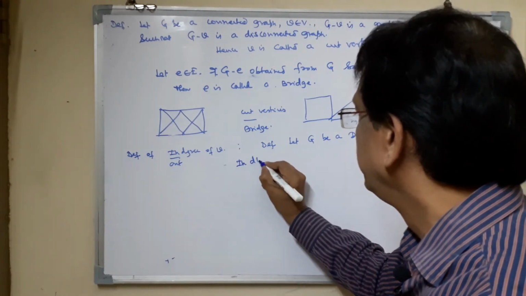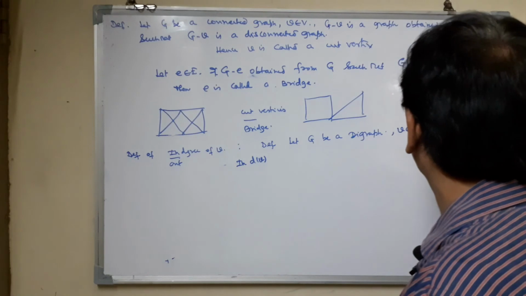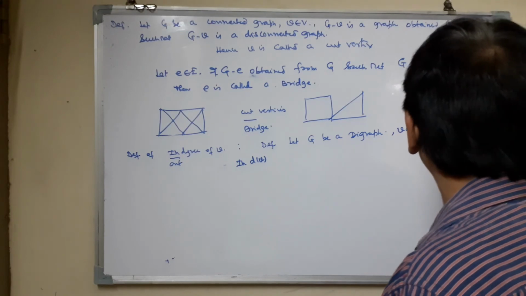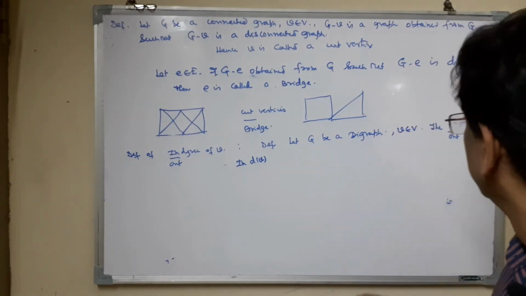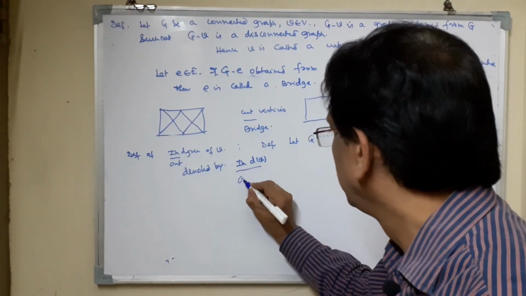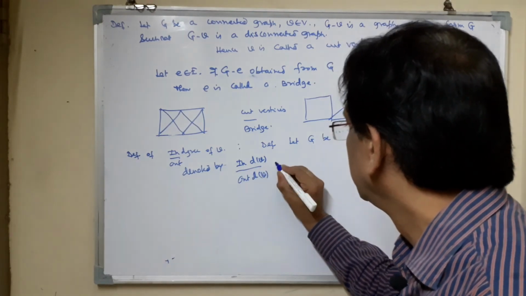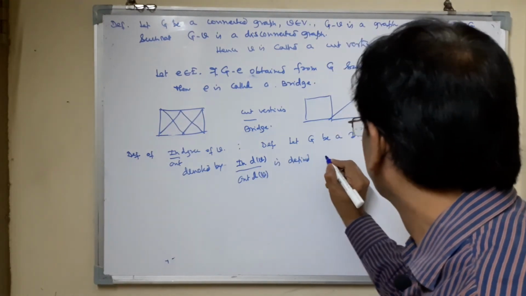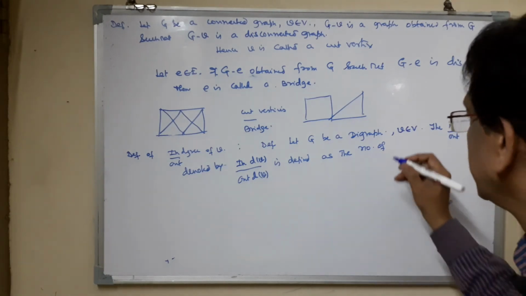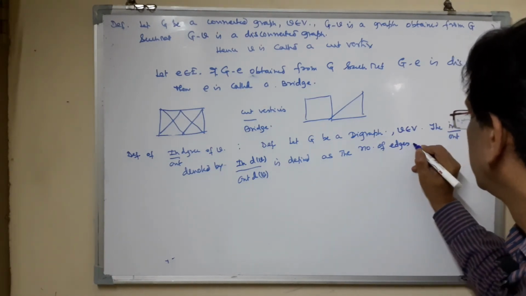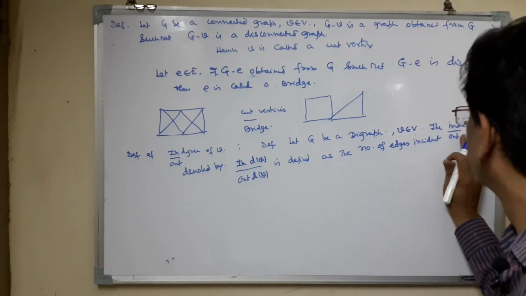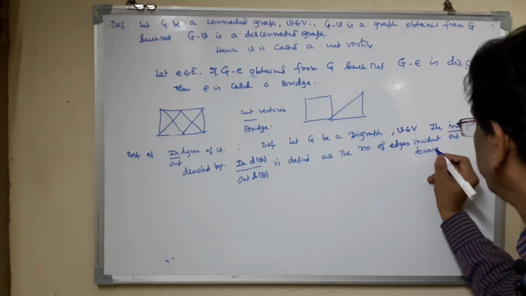The in degree of v, denoted by in d(v), similarly the out degree of v, denoted by out d(v), is defined as the number of edges incident towards v.